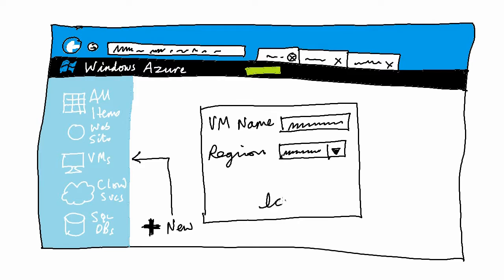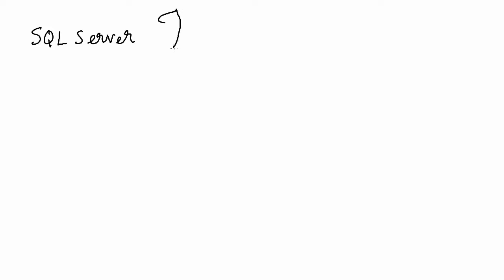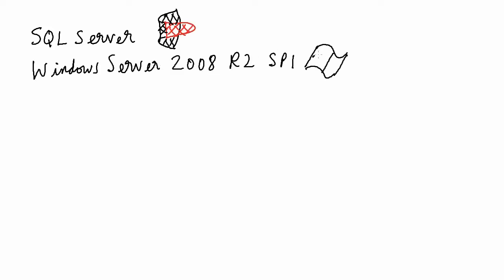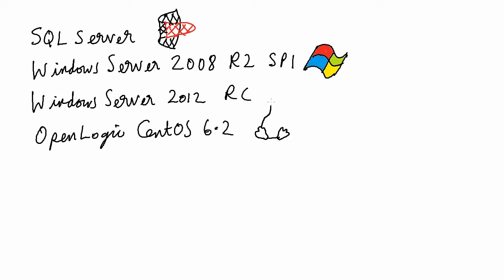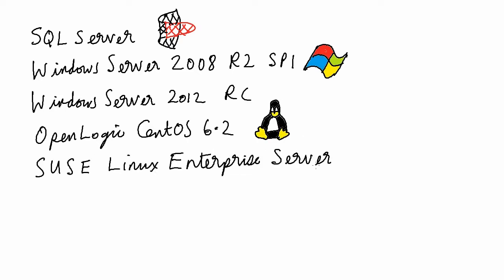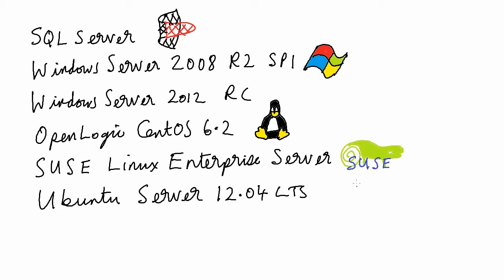The list is continually growing, but currently you can create a Windows Server 2008 R2 SP1 with SQL Server 2012 Evaluation Edition, a vanilla Windows Server 2008 R2 SP1, a Windows Server 2012 VM, an OpenLogic CentOS 6.2 VM, a SUSE Linux Enterprise Server VM, an Ubuntu Server 12.04 LTS, and OpenSUSE 12.1 VM.